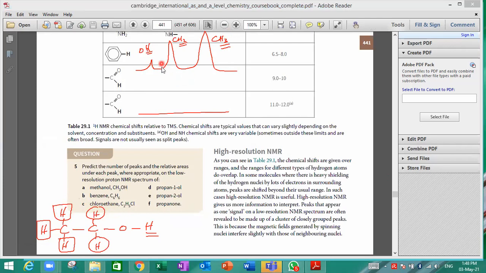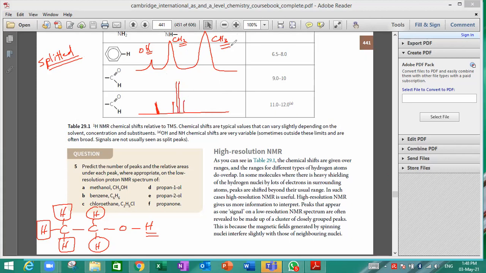We will find that each one of these will be split into a number of peaks. So the OH, we said that this hydrogen is not going to be affected by other hydrogens, so it will appear as only one peak like that. But the CH2 will appear as four peaks, in the ratio 1 to 3 to 3 to 1.